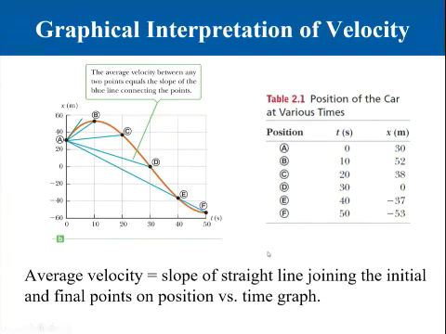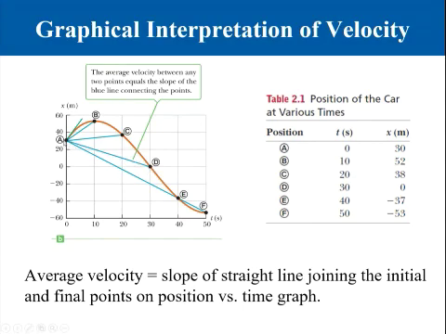So in general, the average velocity is equal to the slope of the straight line joining the initial and final positions on a position versus time graph. Okay, so here, for example, if you take between A and D, this is the initial, this is the final.